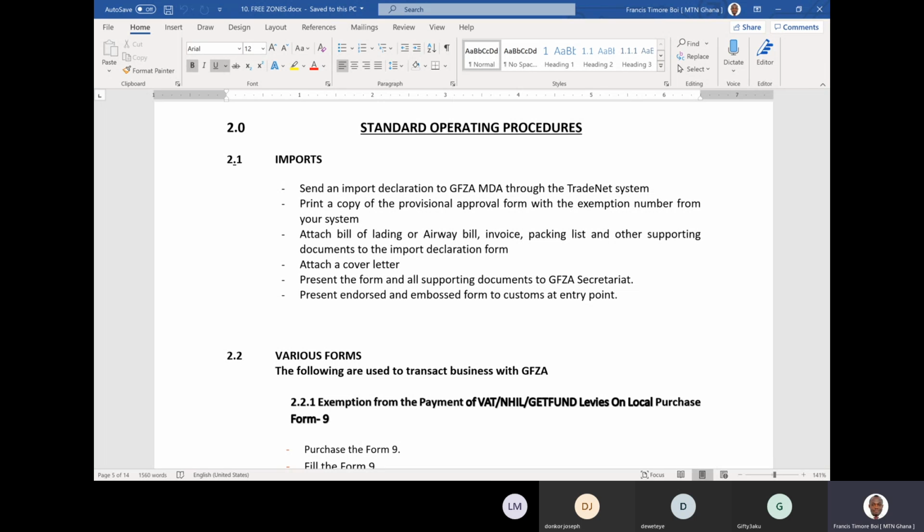Then they will endorse it, so that you use it for your customs purposes. So when the car gets to the port and customs sees this one, they notice that it is not for us, it is going to a free zone enclave, so they will not bother asking for taxes. Please, do you understand it?